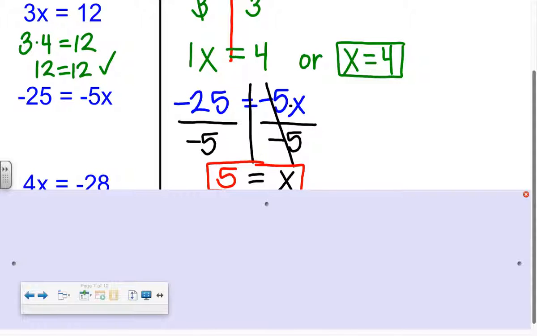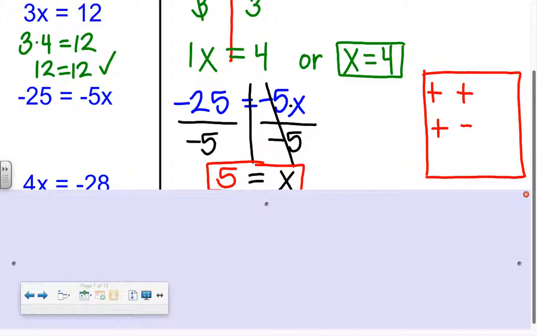If you have trouble remembering your multiplication and division rules for positives and negatives, it can sometimes help to make a chart. I'm going to put the 3 options here. So if you have 2 positives being multiplied or divided, a positive and a negative being multiplied or divided, or 2 negatives being multiplied or divided, here are the answers you'll end up with.